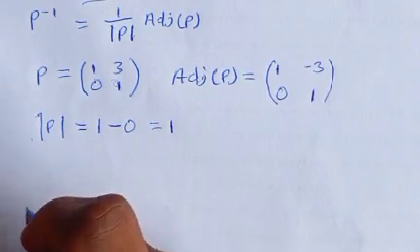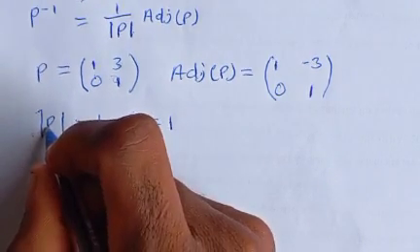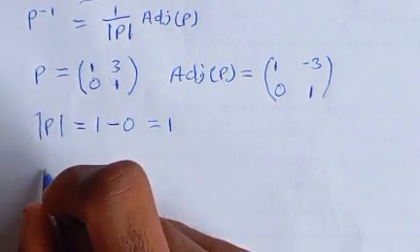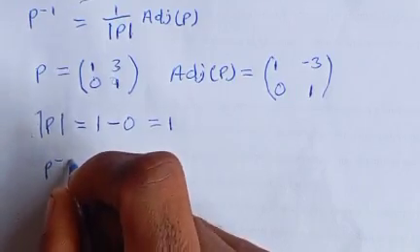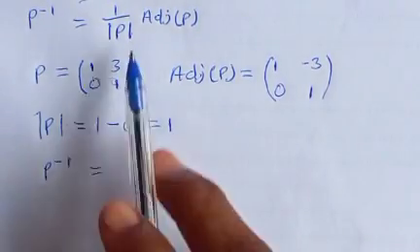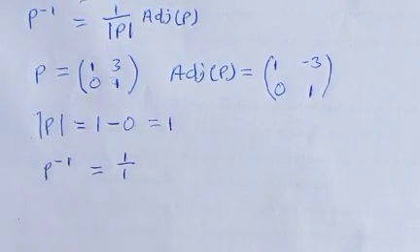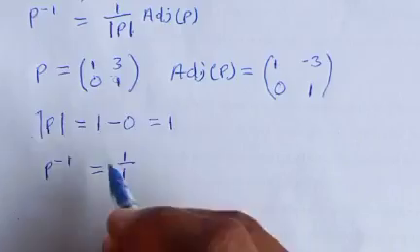Then the inverse now will be equal to 1 over determinant times the adjoint.